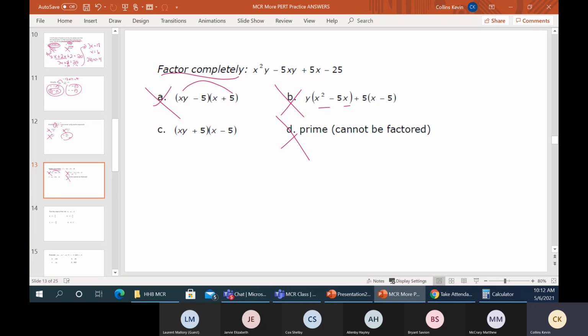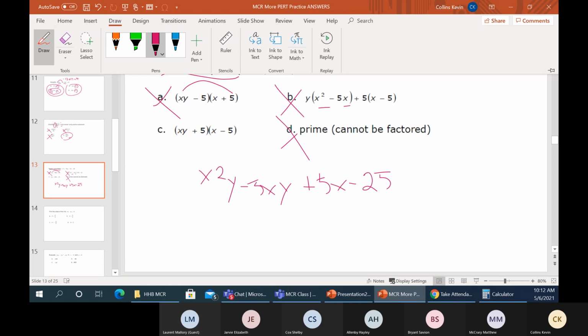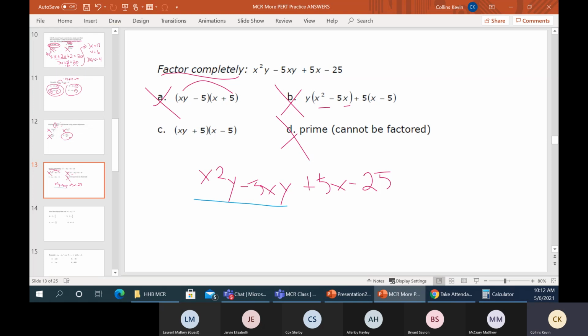All right, so let's go ahead and show you the factoring by grouping. And this is how Liz went about it. So we'll go ahead and rewrite this guy down here so we can do a little work with it. So factoring by grouping, what that means is typically you're going to have 4 terms. And what you do is you take the first 2 terms and see what I can factor out of here.